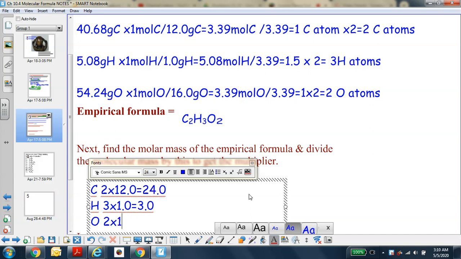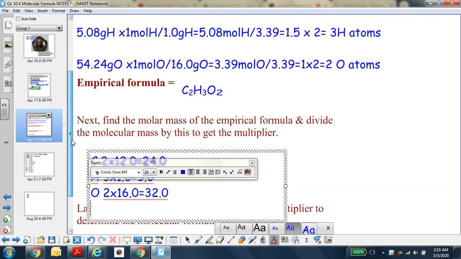Two of those times 16.0 equals 32.0. Okay, so what we need to do now is add these all up.